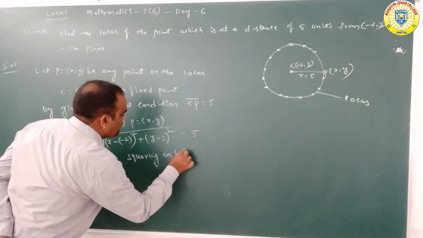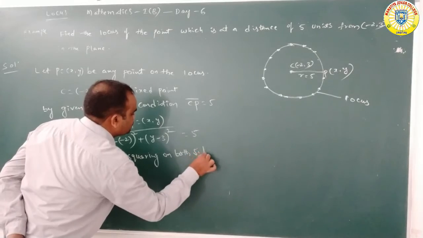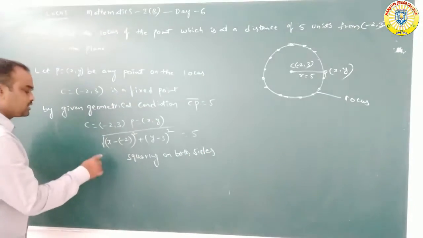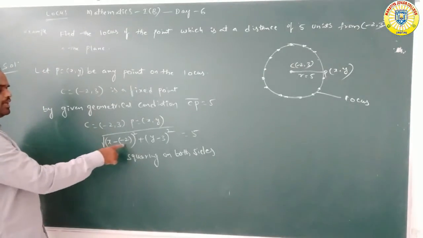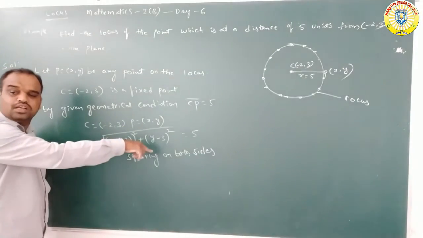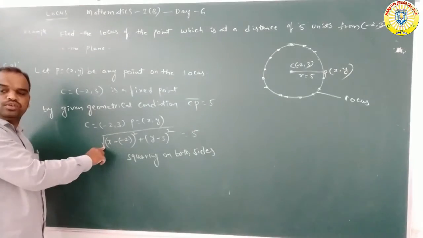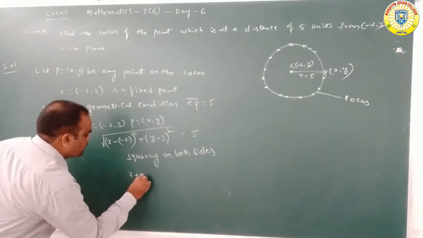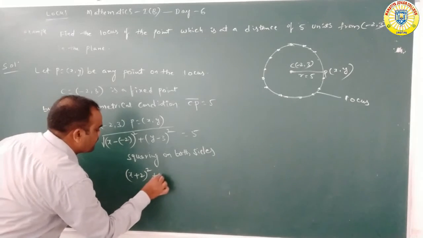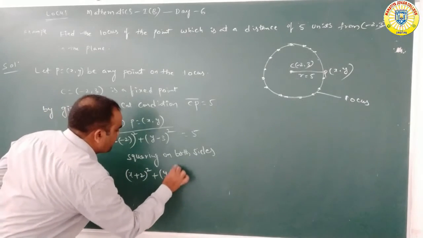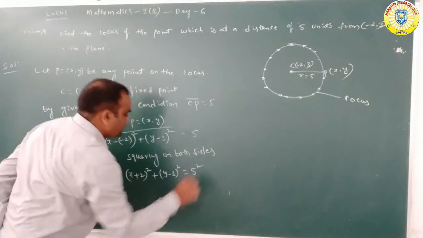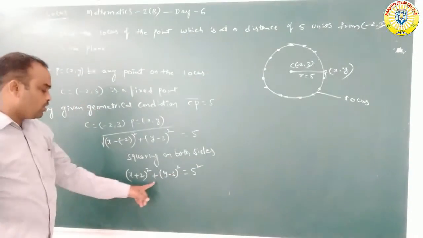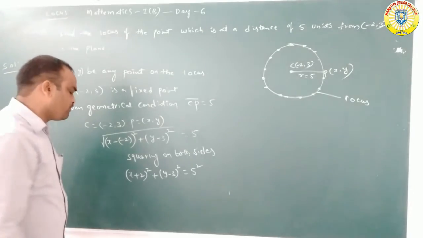The square root cancels, always remember. So (x plus 2) whole square plus (y minus 3) whole square is equal to 5 square.